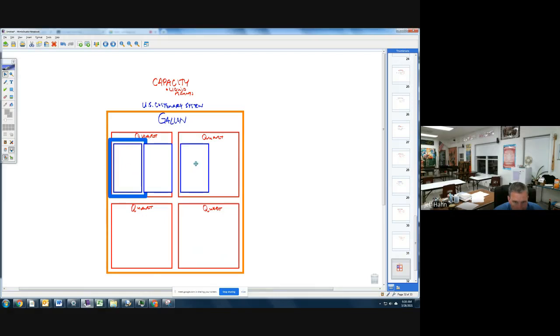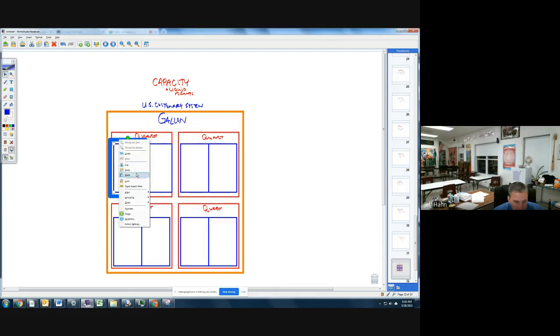I really didn't do a very good job there, did I? Well, that won't be the first time. Inside each of your quarts, there will be 2 of these little rectangles. And each one of those is a pint.